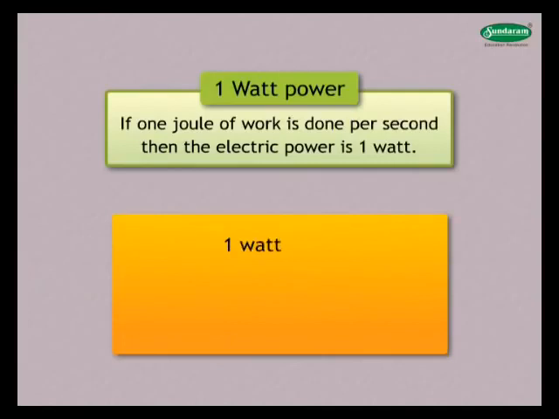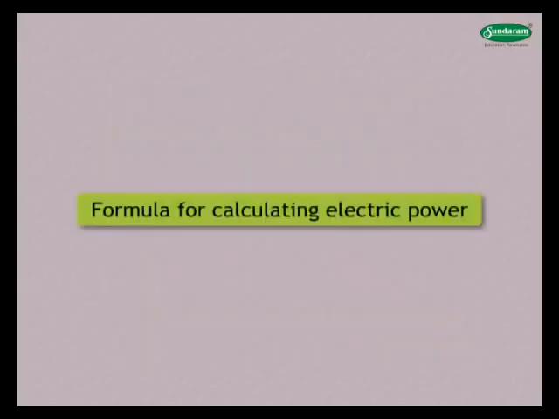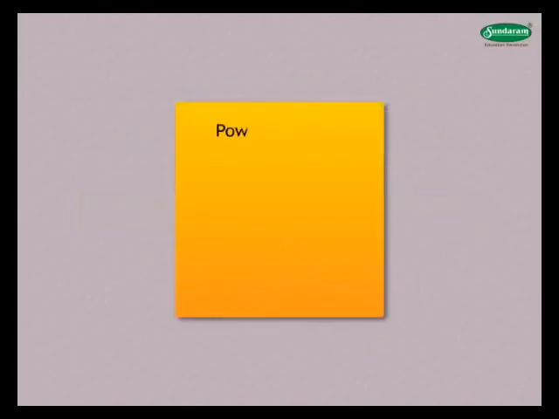1 watt is equal to 1 joule per 1 second. Kilowatt is the unit which is used for commercial purpose, and 1 kilowatt is equal to 1000 watt. Formula for calculating electric power. Power is equal to work upon time.